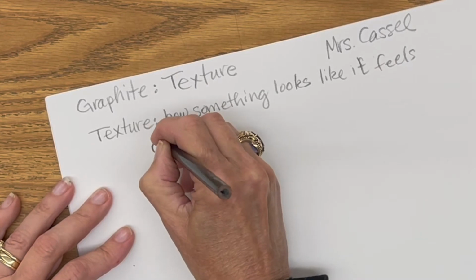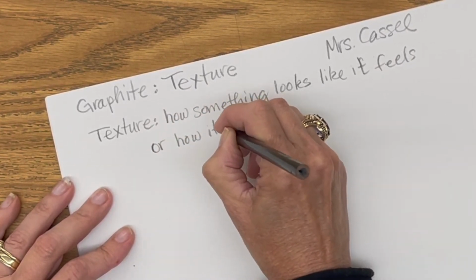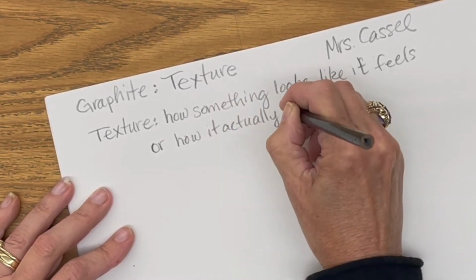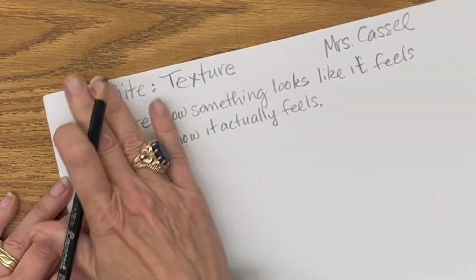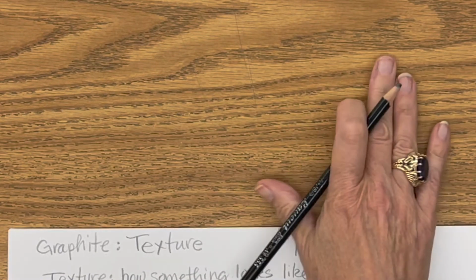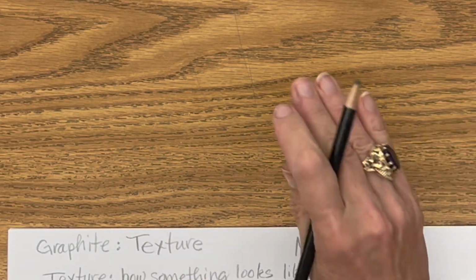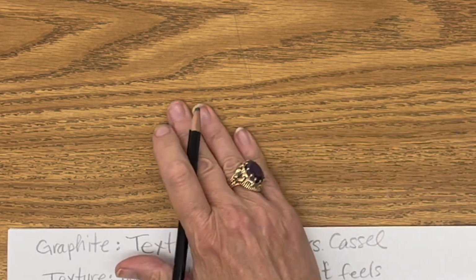Or how it actually feels. For example, the table looks like wood texture, wood grain. It doesn't feel like real wood, but it is made to look like a wooden table.